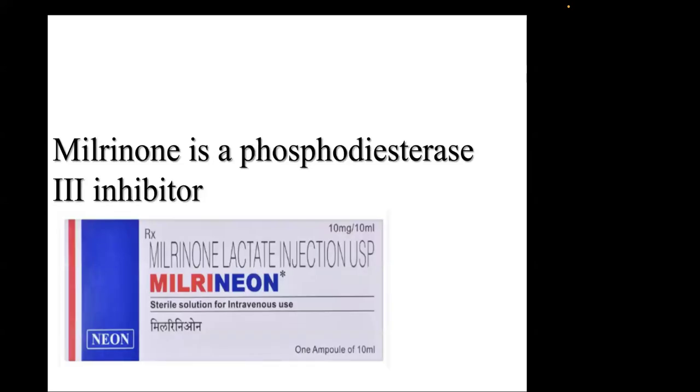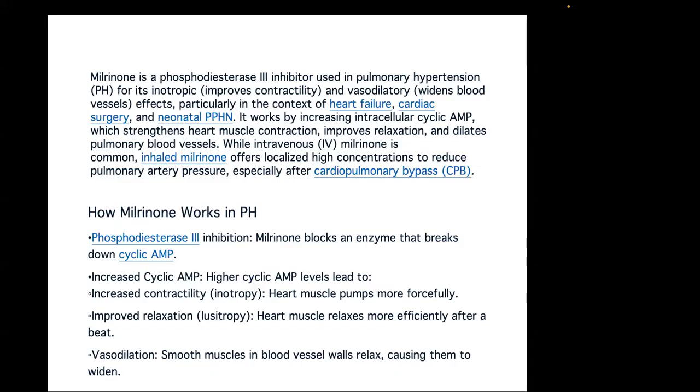Next is milrinone, a phosphodiesterase 3 inhibitor used in pulmonary hypertension for its inotropic effect, improving contractility, and its vasodilatory effect, widening the blood vessels, particularly in the context of heart failure, cardiac surgery, and neonatal persistent pulmonary hypertension.